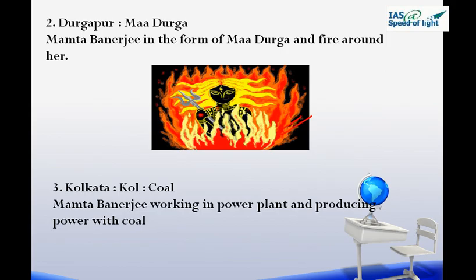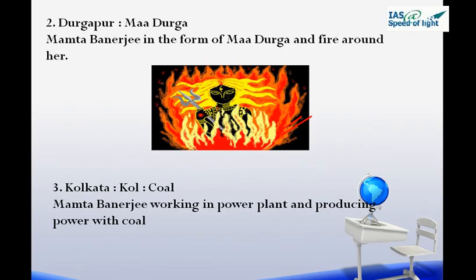Mamta Banerjee took the form of Ma Durga, and there was fire all around her. So Durgapur, we are relating it with Mamta Banerjee, Ma Durga, and fire. This is the second thermal power plant of West Bengal.